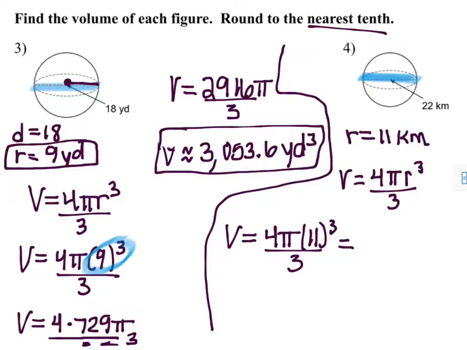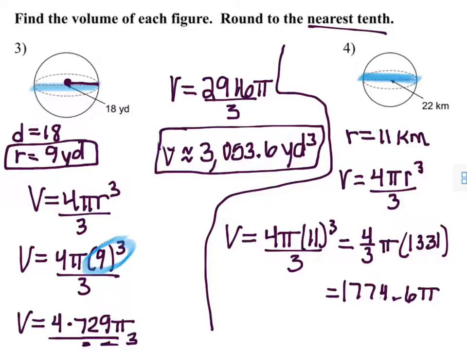So we have, if you want to look at it with the fraction in the part, 4/3 pi times 1,331, which will give us 1,774.6 pi.